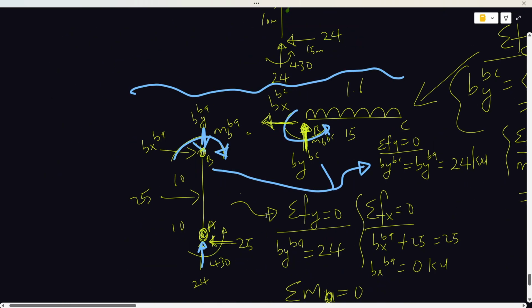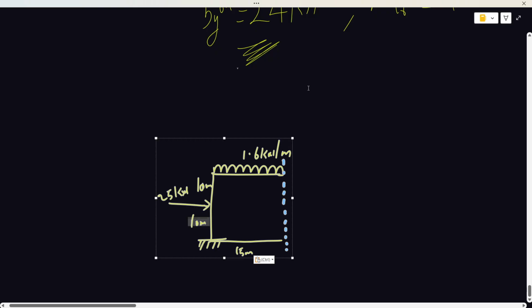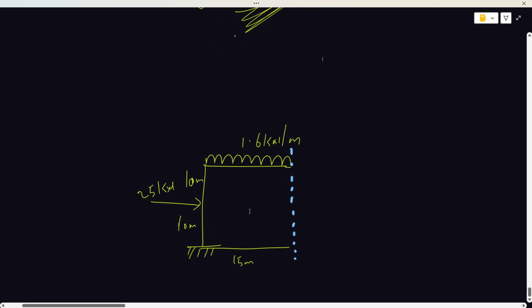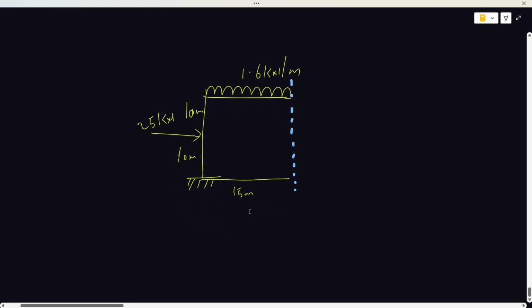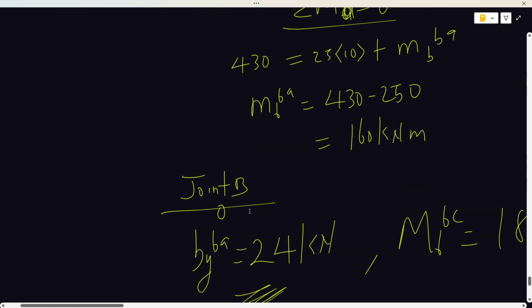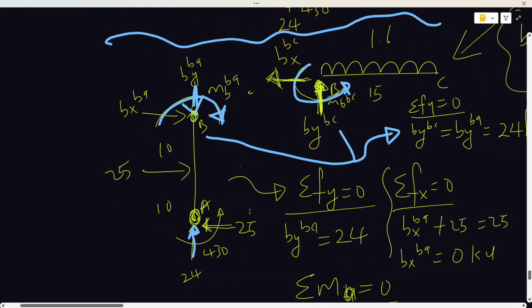Okay, I'll paste it here. Once again, it's not even the whole structure we need. We need the decomposed part of the structure to draw the shear force and bending moments.